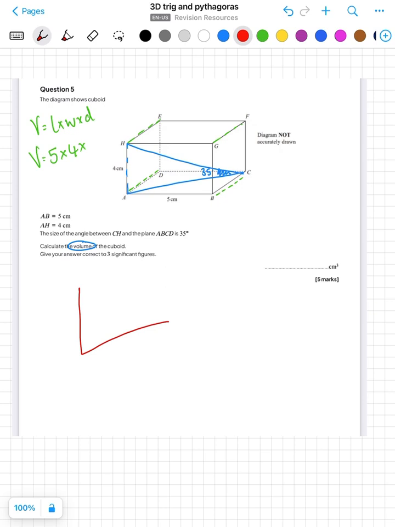We have a 2D triangle HAC, 35 degrees, right angle, that was the plane, 4 centimetres. Now we want to use a triangle to work out the depth of this shape, so we're trying to spot where another 2D triangle is that we can use.